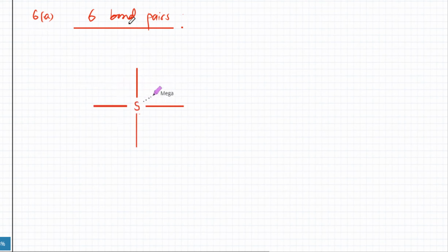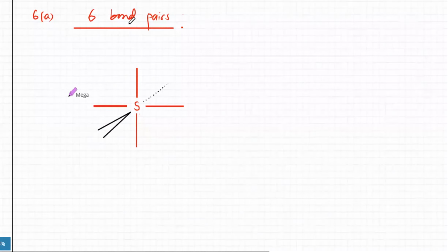So there's going to be 1 bond that would be behind it, and 1 bond that would be coming towards you. So this is a molecule called SF6. So think of yourself as sulfur.